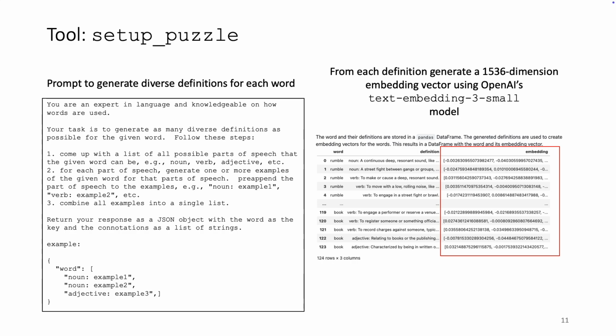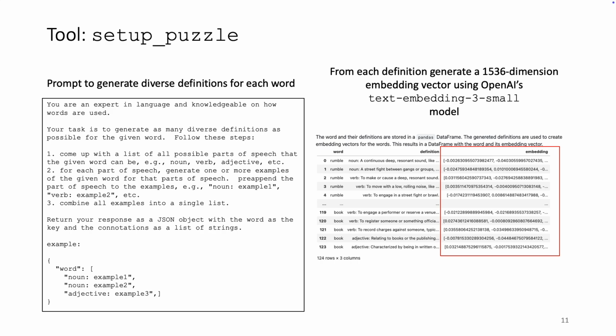Finally, all the definitions are combined into a JSON object that organizes them into a list format. Here's a quick example. If the word is run, the JSON response might include entries like noun, a quick sprint, verb, to move quickly on foot, adjective, related to being operational.